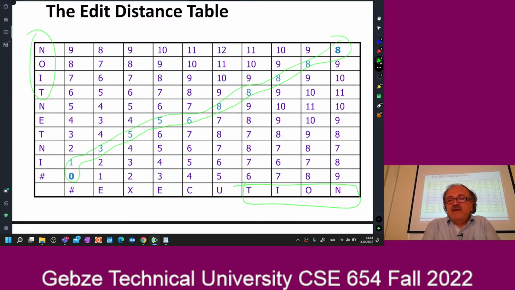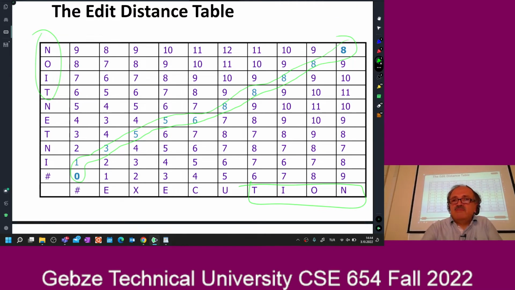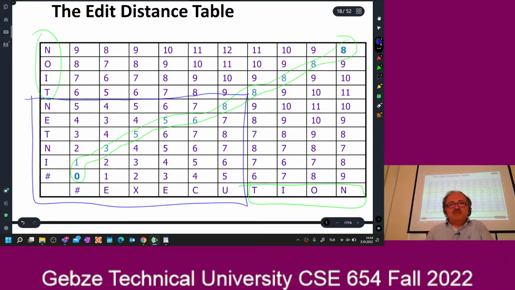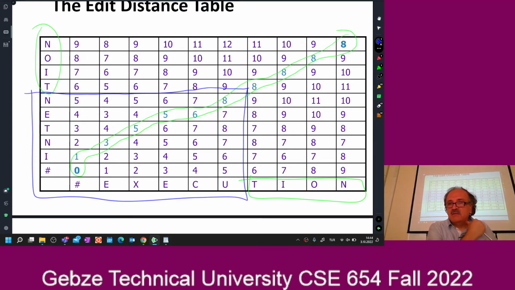When you come to this one, we calculated everything, but we know that we already solved this problem. We already solved this problem here. This problem is the problem of matching intent with execute, right? You don't have to solve that problem over and over again. Once it is solved, you keep filling the rest of the table.